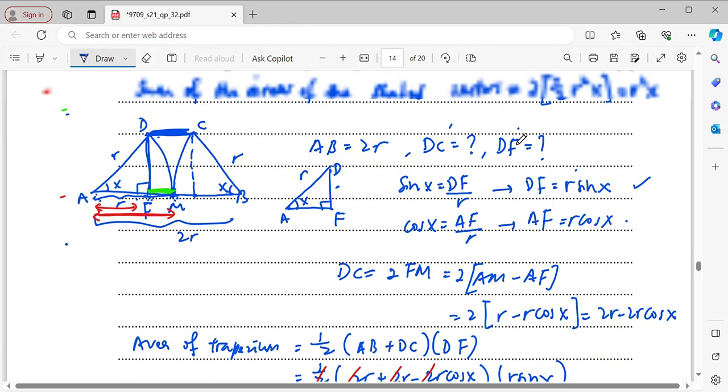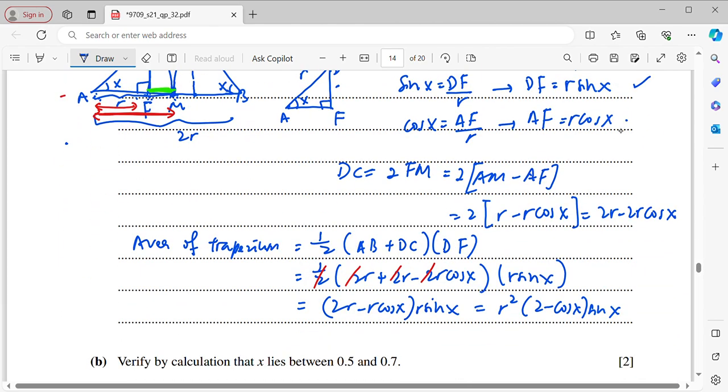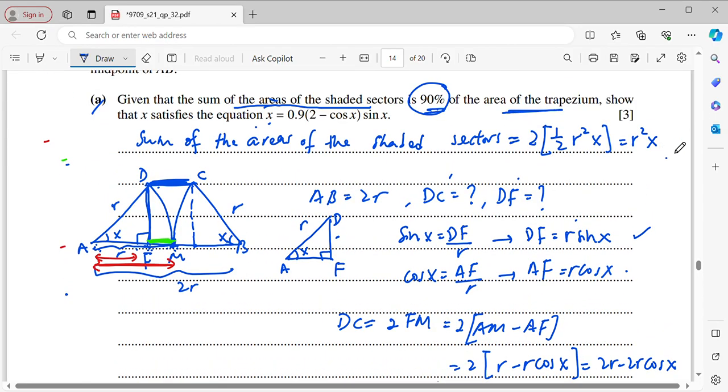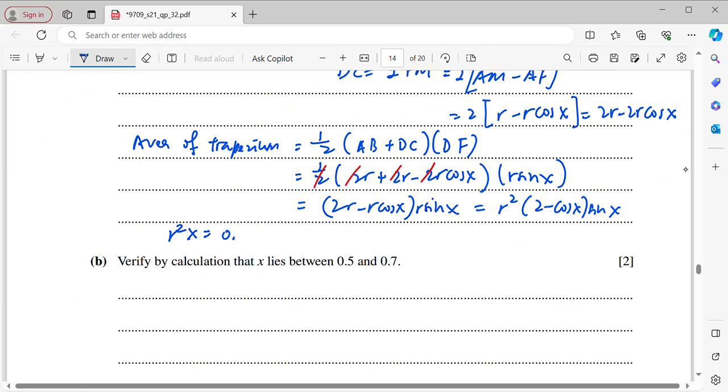Now, we have found the area of trapezium and area of the shaded sector. And now it's mentioned that the area of the sector is 90% of the area of trapezium, and you need to get this. So I will continue here. Which means the R squared X, which is the area of the sector, is 90% of this result.